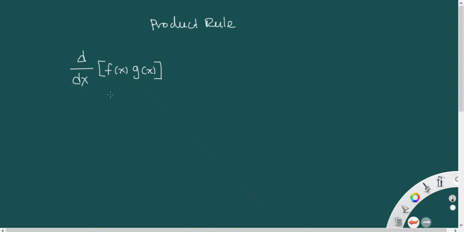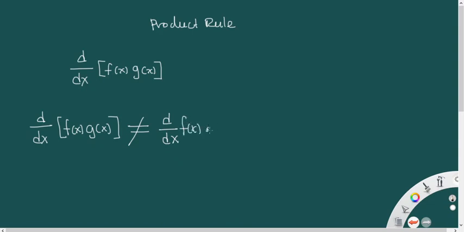Okay, so please take into consideration that d/dx of f of x times g of x is not equal to the derivative of f of x times the derivative of g of x. This is not true.